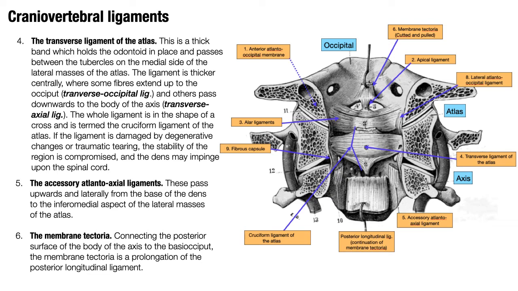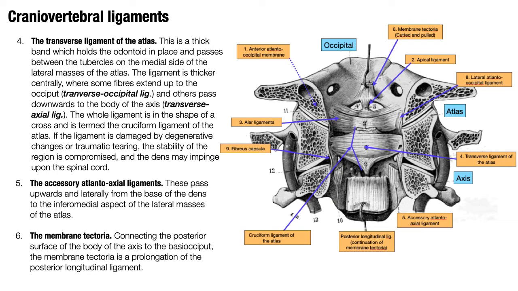As you already know, the transverse ligament of the atlas is holding the dens against the atlas. Some of its fibers travel upwards to attach to the occiput, and these are called the transverse occipital ligament. And there are other fibers that extend downwards to the axis, and these are known as the transverse axial ligament.